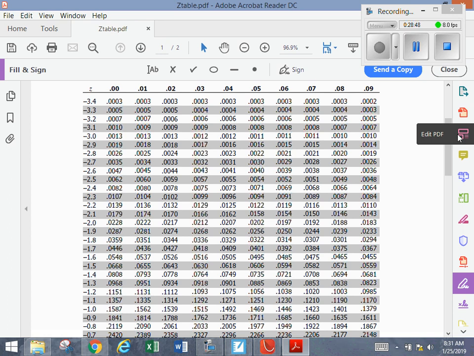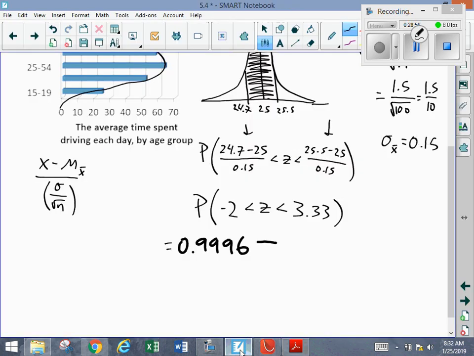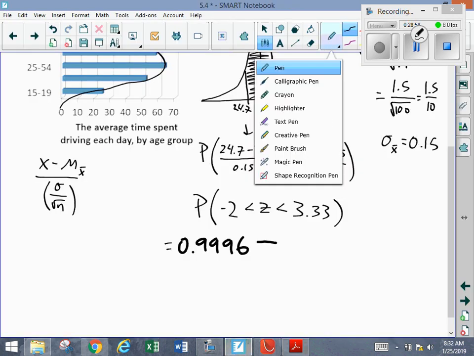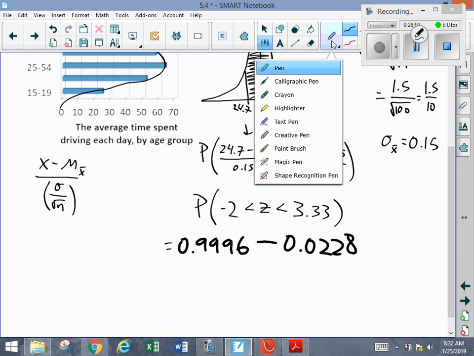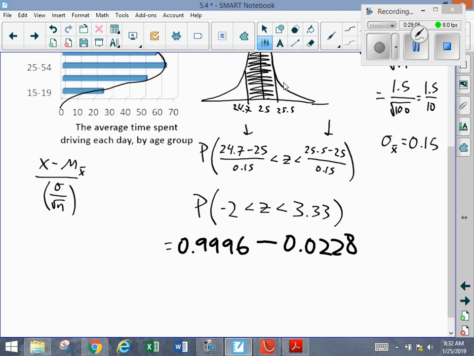So we got 0.0228. 0.9996 minus 0.0228 is 0.9768. So that's what the probability is.